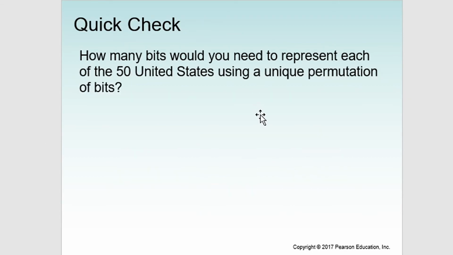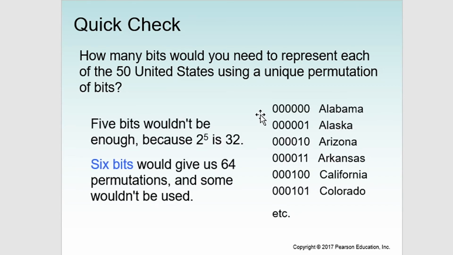So here's an example. Basically what they're saying is, since we're digitizing everything, we need a specific number of bits, like 2 to some number of bits. So if we wanted to represent all 50 states, how many bits do we need? Now, 2 to the 5th power is 32. So 2 to the 6th power should be 64. Yes, that's correct.